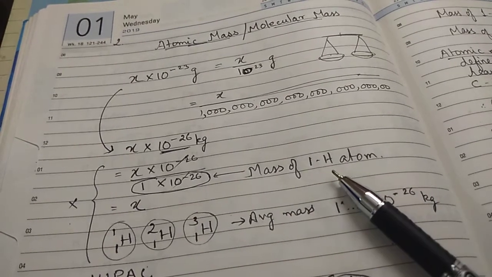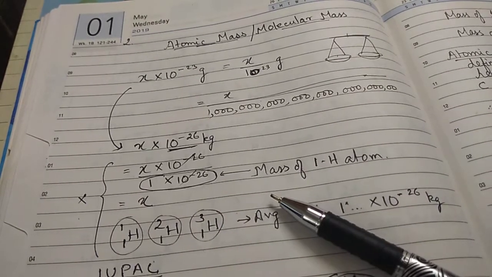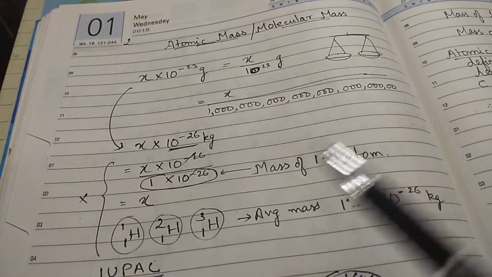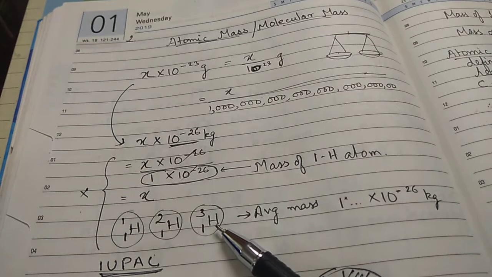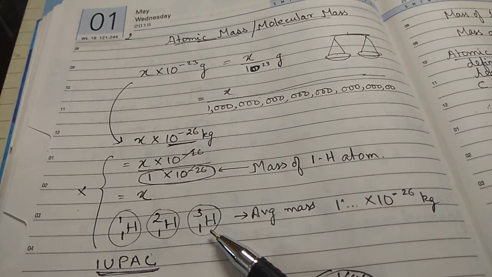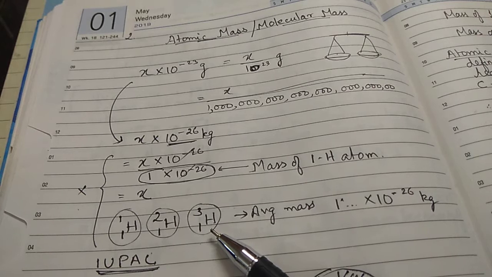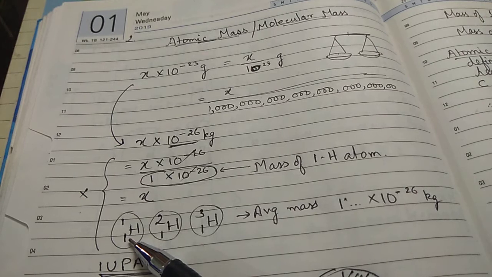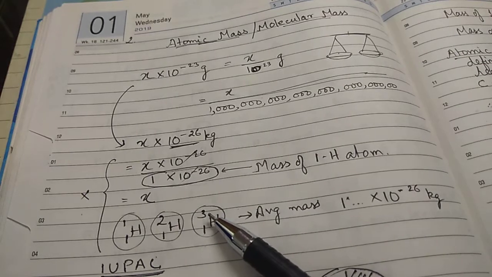Now why was hydrogen selected? Because its mass is 1 into 10 to the power minus 26. But when further research was done, it was found that taking hydrogen as a standard was not justified. Why? Because in nature we find 3 isotopic forms of hydrogen. Isotopes are different atoms of the same element which have the same atomic number but different mass number. Like hydrogen, the first isotopic form has mass 1, the second has mass 2, and the third has mass 3.